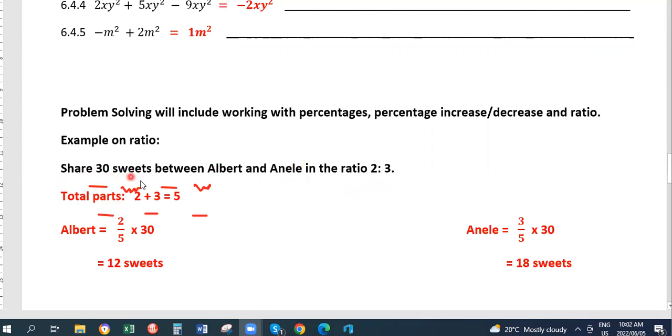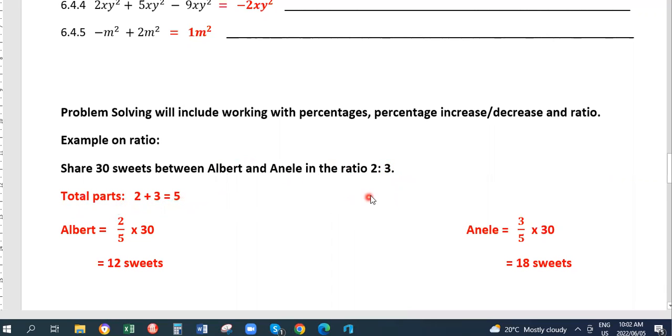So sharing 30 sweets between Albert and Anila in the ratio 2:3, let me erase all this working, sorry. Now, when we're sharing, you need to work out the total parts. 2 plus 3 is 5.